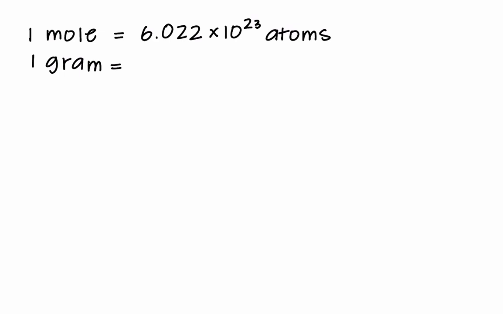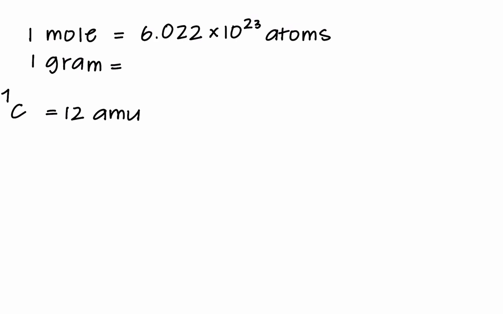So, for example 1, we'll have carbon. So, we have carbon here as our number 1. The atomic mass of carbon is 12. So we put 12 AMU.